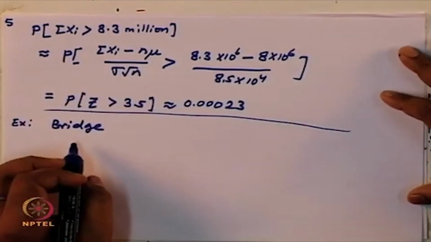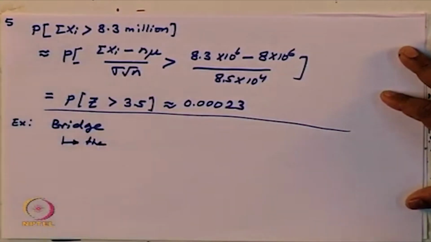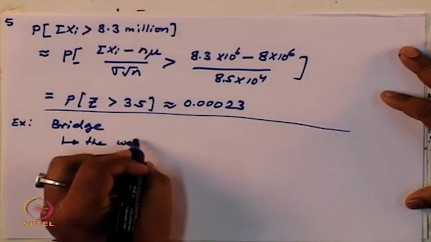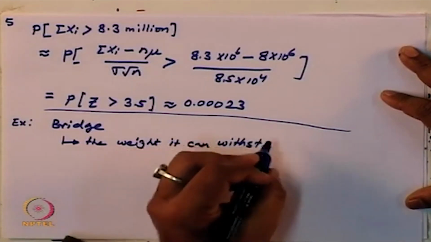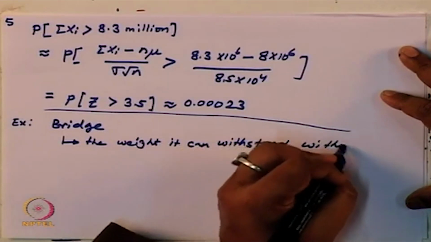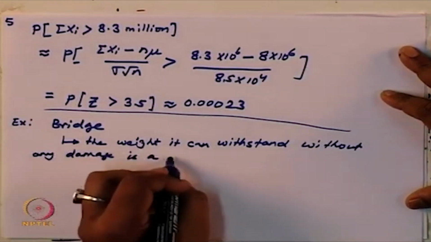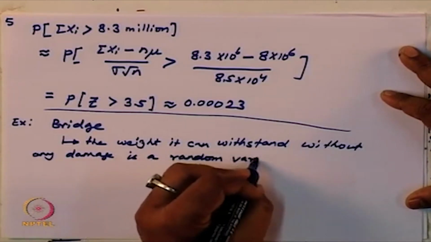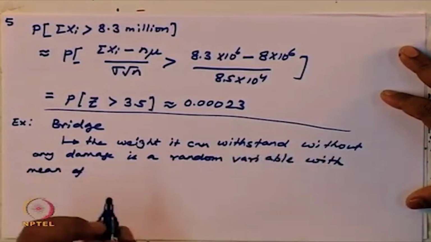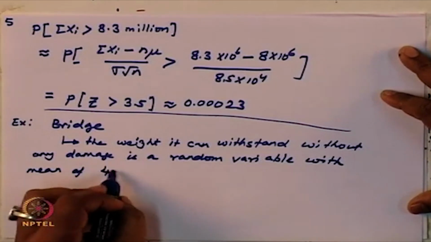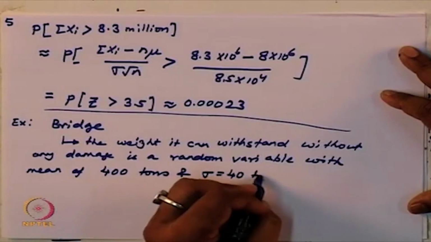So, imagine for a given bridge, the weight it can withstand without any damage is a random variable with mean of 400 tons and sigma equal to 40 tons.